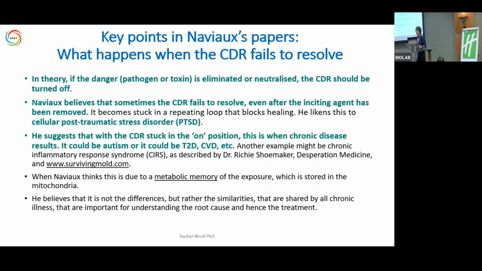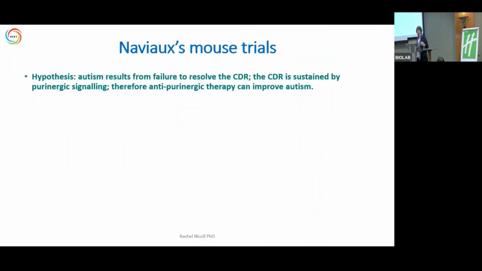So he then carried out some mouse trials, in fact, 3 mouse trials. His hypothesis was that autism results from a failure to resolve the cell danger response. The cell danger response is sustained by purinergic signaling. Therefore, antipurinergic therapy could improve autism. So let's see how that worked out.